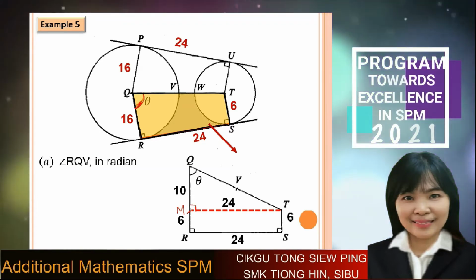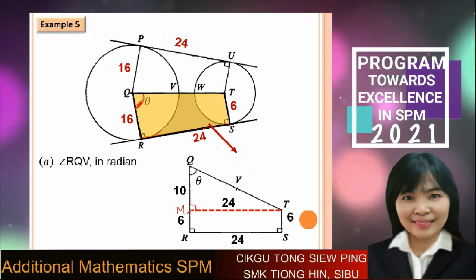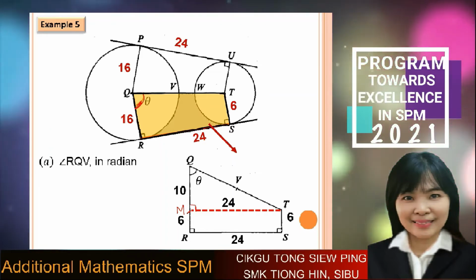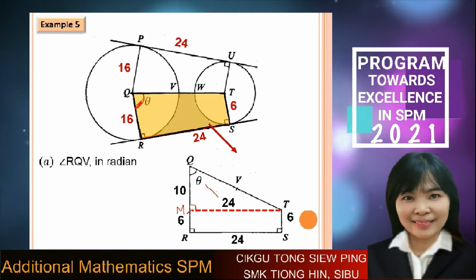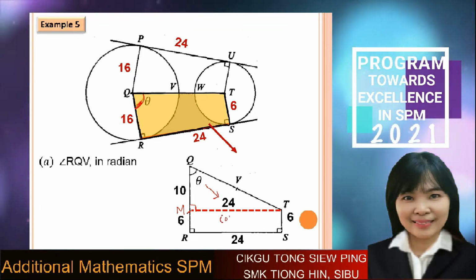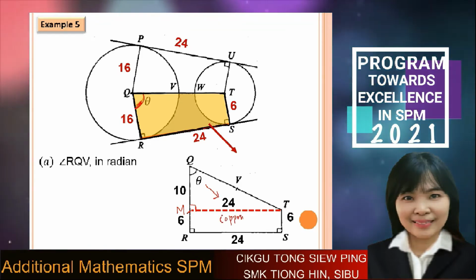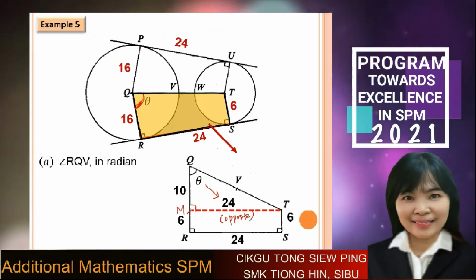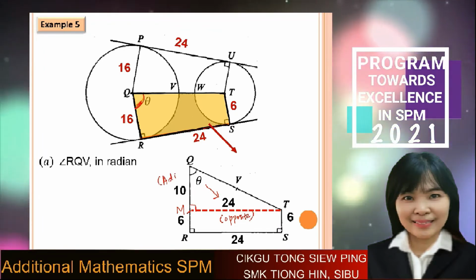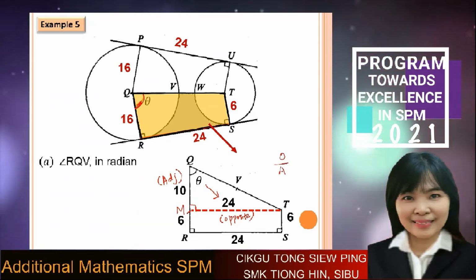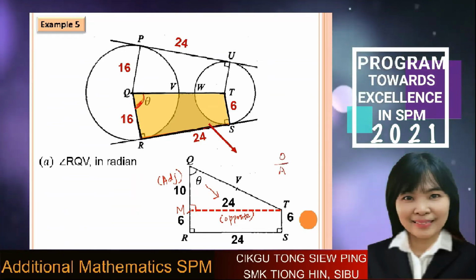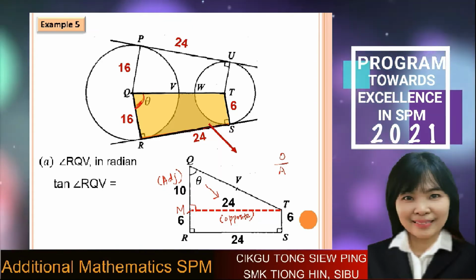Now, we can solve the theta by using a trigonometry function. The opposite of this theta is 24, and this is the adjacent. So, O over A. The trigonometry function that we can use is the tangent.